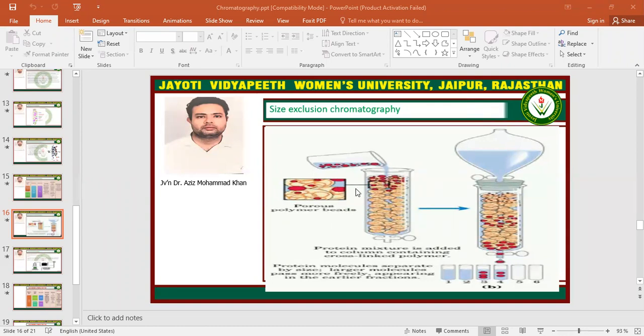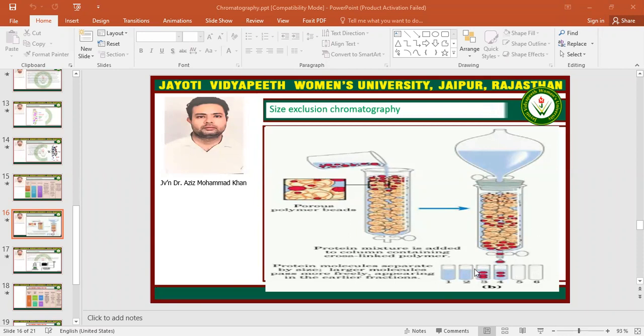When we have added our protein molecules to our beads, the larger proteins will separate and migrate towards the end very freely.